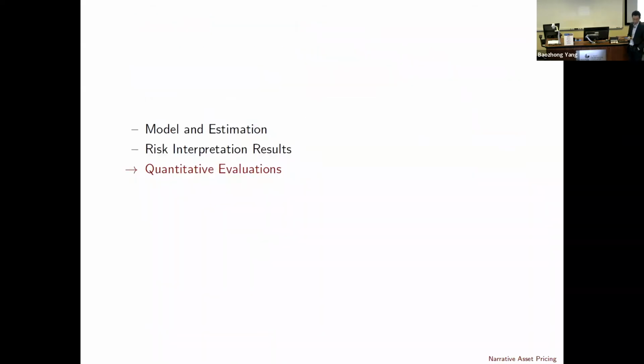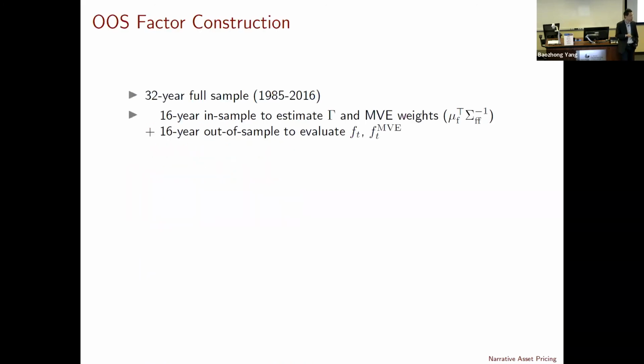So the third part, I don't really have a lot of time, is on the quantitative evaluations, right? In a nutshell, here we do very standard asset pricing quantitative tests. All are out of sample. We evaluate out of sample Sharpe ratio. We evaluate out of sample constructed factors pricing performance.